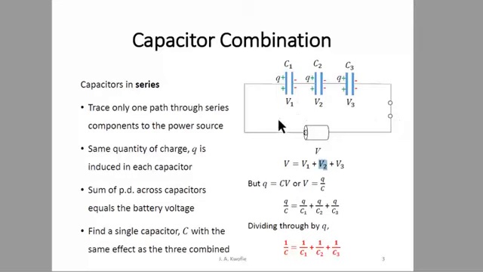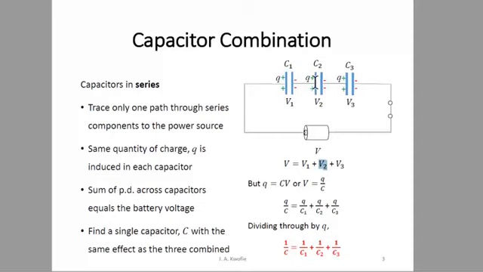If we connect these capacitors and the high potential end of the battery is connected to the left side of the first capacitor, then electrons will be drawn from it, leaving positively charged plates here. That will induce an equal amount of negative charges on the other plate, which will then induce positive charges on the next plate.